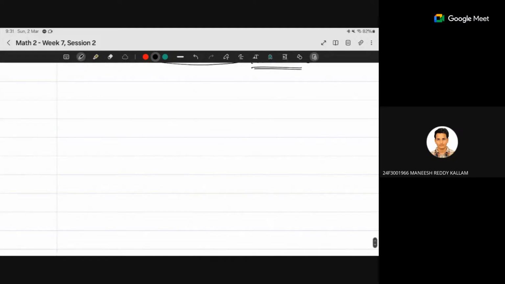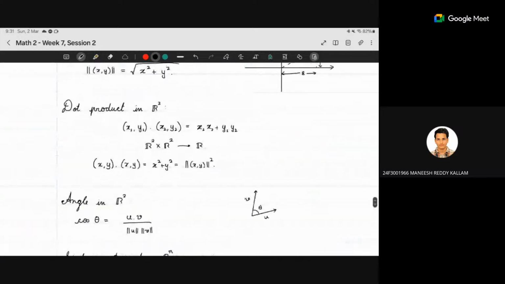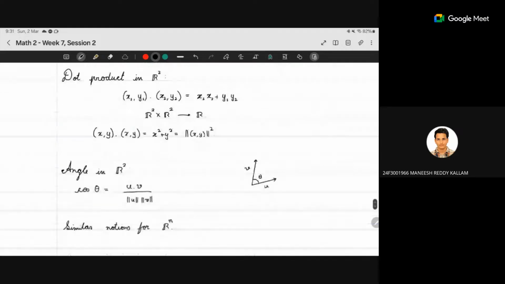That's correct. Okay, so for Rn, we saw that the notion of dot product gave rise to lengths and angles, and that the dot product is a function from Rn cross Rn to R. This part of it may be a little bit abstract.